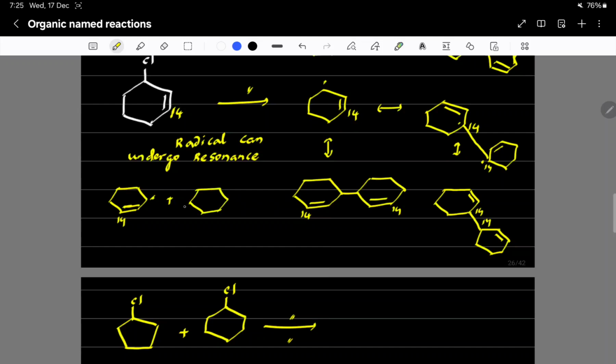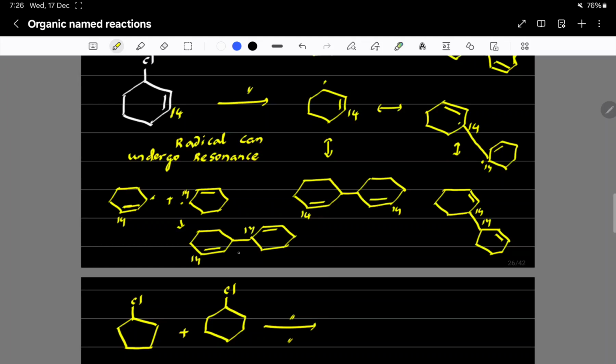So here I can write, student, this is the radical, for example, you can take. Just you can look at this. Right. Now this undergoes combination. Then we will get the, so here we have a C14 here, students. So this radical only we have a 14. Right. Now look at, students, we will get the compound like this. This is the C14, student. Now look at here.